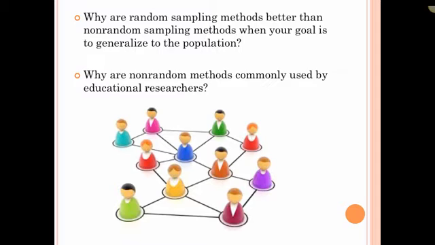You're at Arizona State and your most accessible population is Arizona State students, right? So commonly, educational researchers will nonetheless use non-random methods. But something to know as a consumer of research is that you really should be paying attention to who the sample is that is included in a study that you're reading, and you need to be critical of whether or not you think that that sample accurately represents the population and whether or not you think that the study's conclusions can be applied to a population.